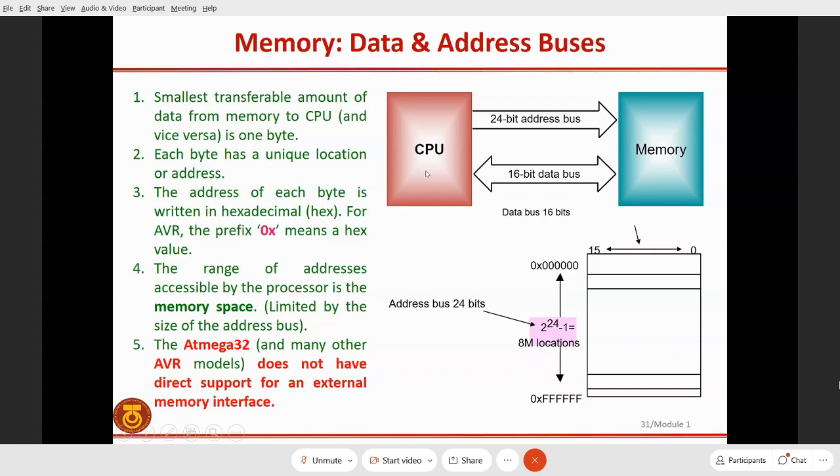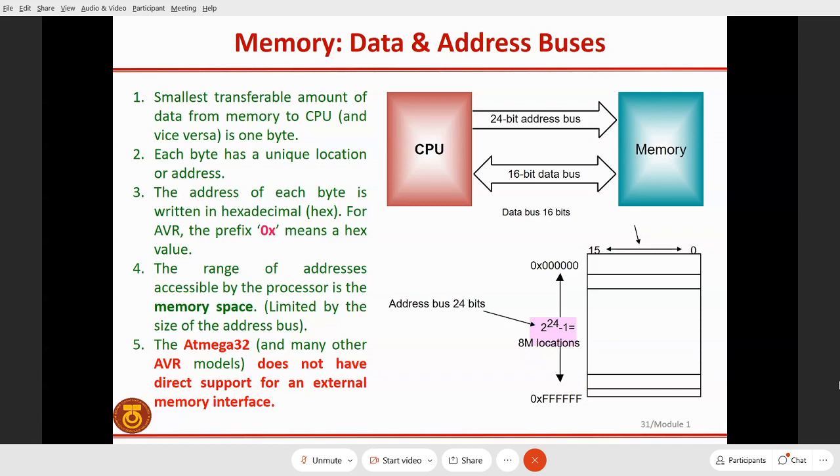Like I told you, when the CPU wants to write or access an address inside the memory, it needs to tell the address bus exactly what the location is, because there are lots of addresses in memory, 2 to the power of 24 memory locations, millions of them. So the CPU needs to specifically tell the address bus, because the address bus has no intelligence to determine the address.